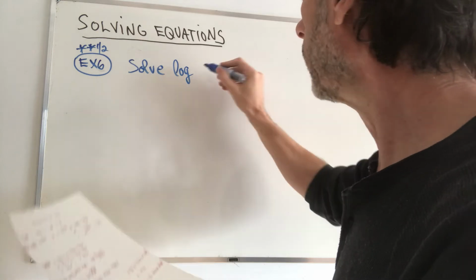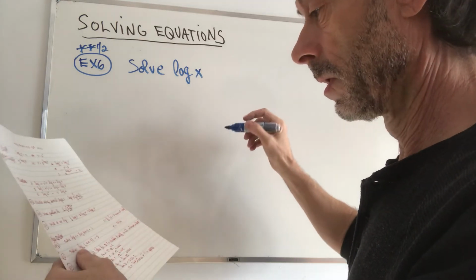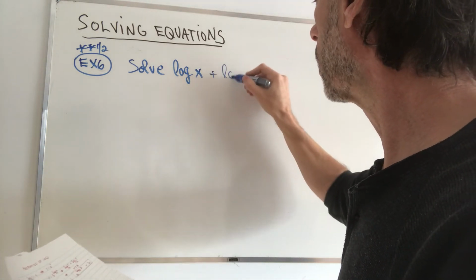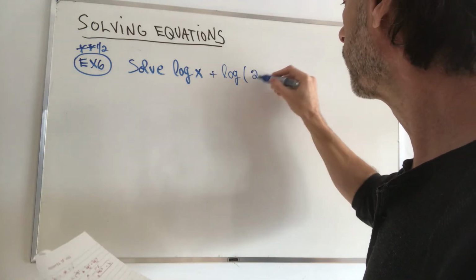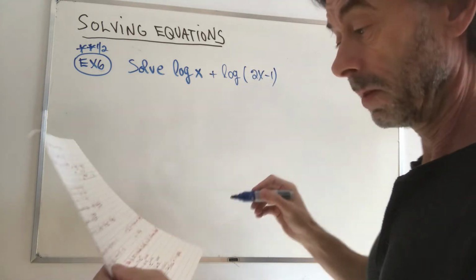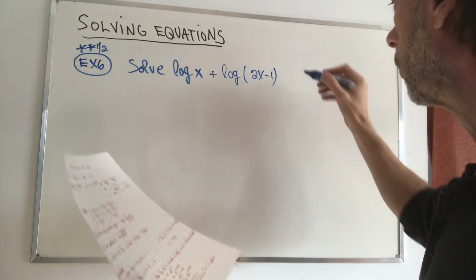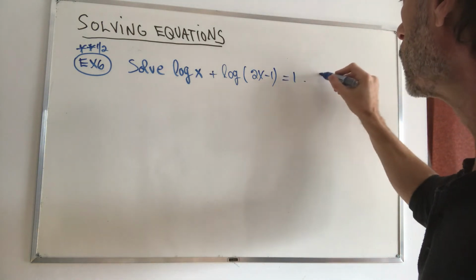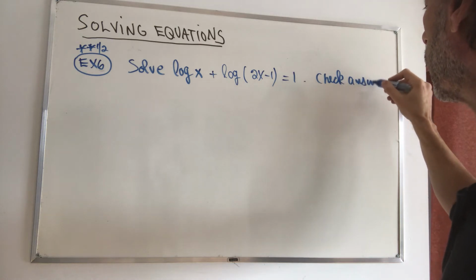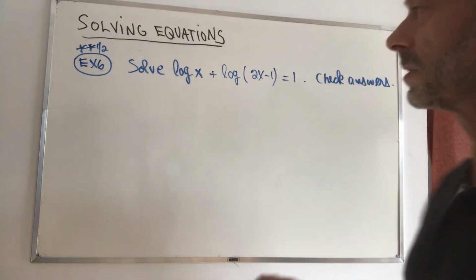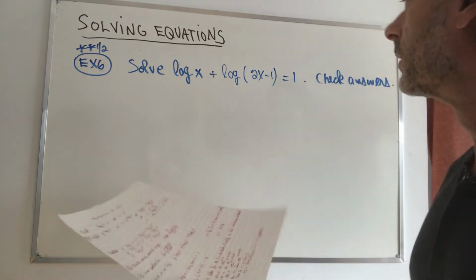Base nothing. So log x plus log of, what do we say here? 2x minus 1 is equal to 1. Check your answers, potentially with an s.